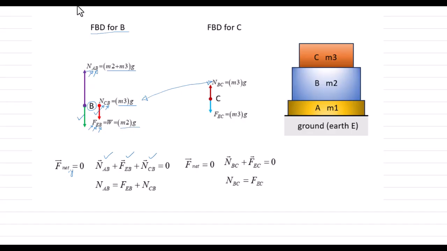So NAB will be equal to FEB plus NCB. There is also a question asked, what is the normal force value? That we have already indicated in the FBD, that will be equal to (m2 plus m3) times g.